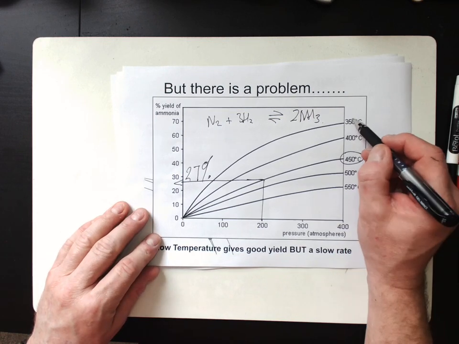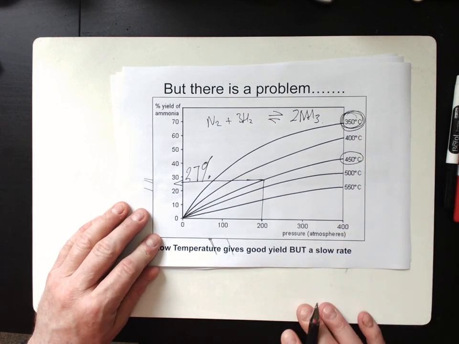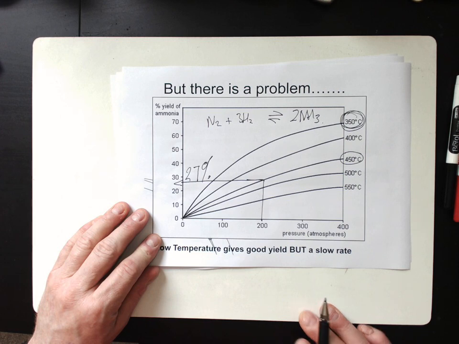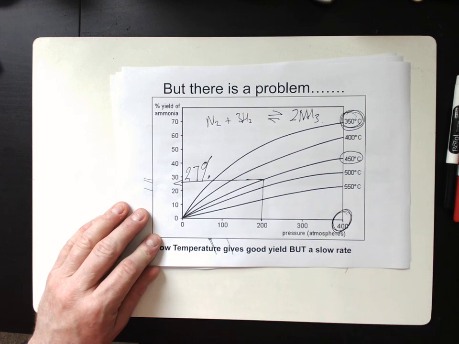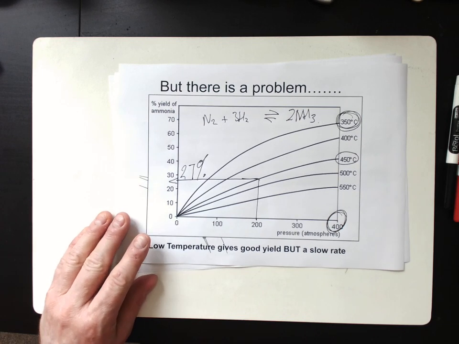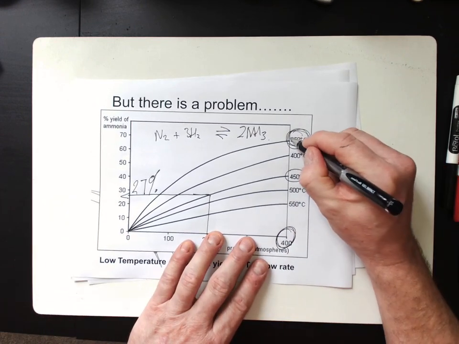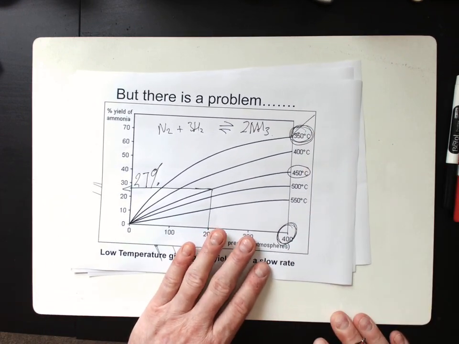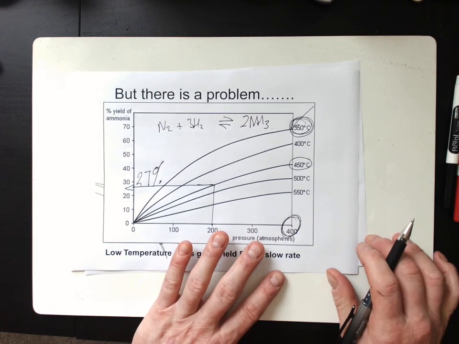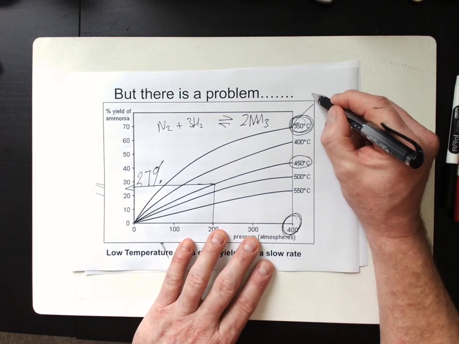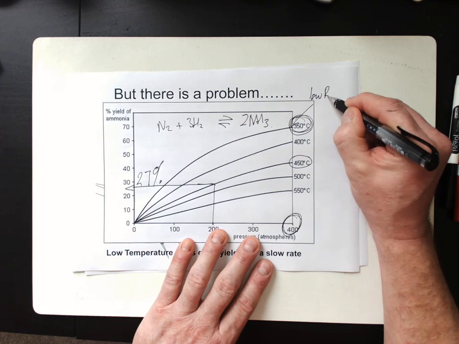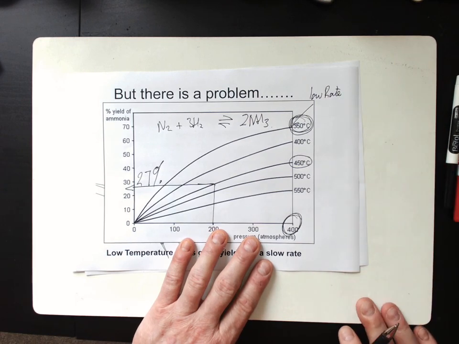Why would I not run it at a lower temperature? And why would I not run it at a much higher pressure? Because as we said earlier, those are the conditions that will give us the very best of the yield. Well, let's deal with low temperature first of all. Hopefully you can work out why I would not use a low temperature in this reaction. Well, that's to do with rate, because if I use a low temperature I get a low rate.